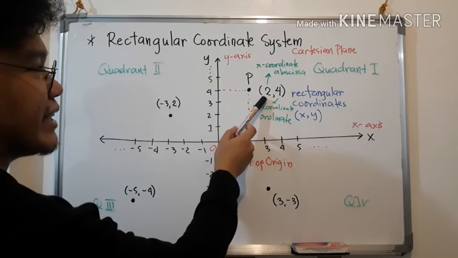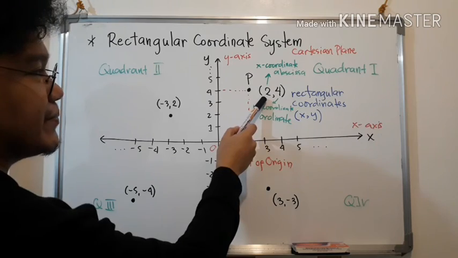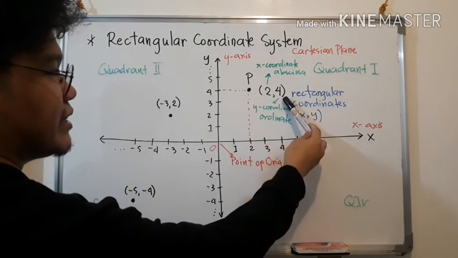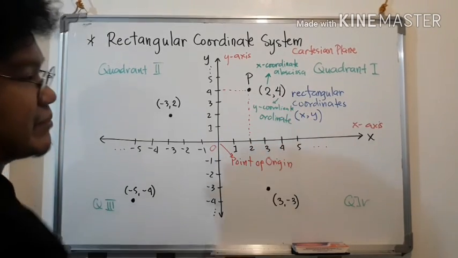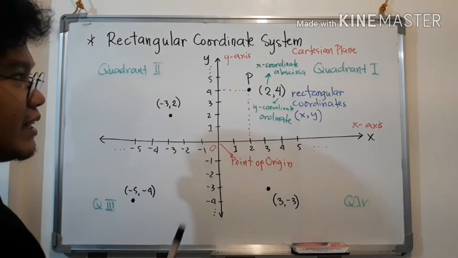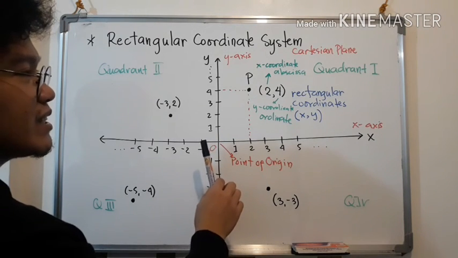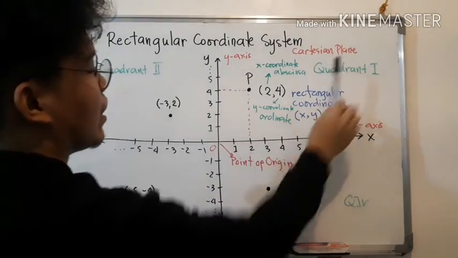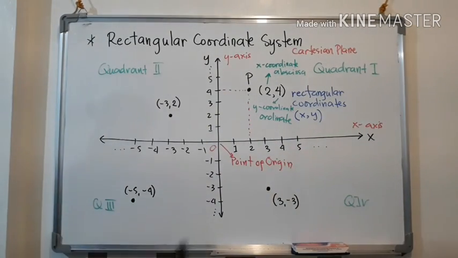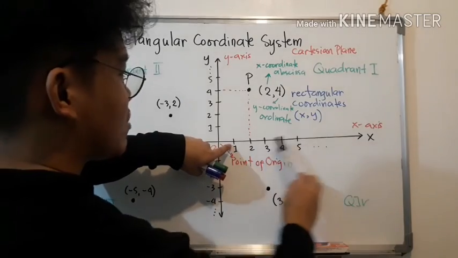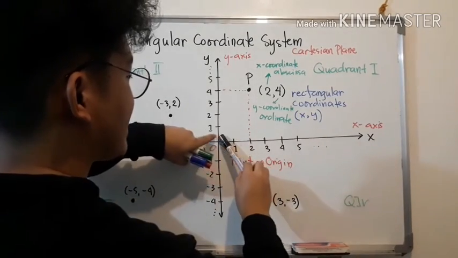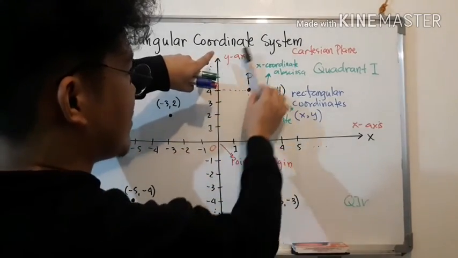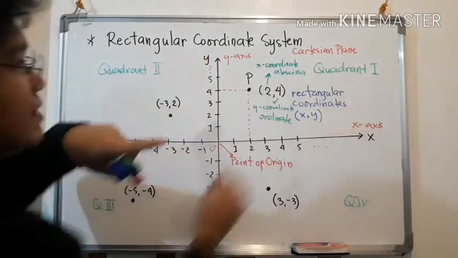The abscissa or the x-coordinate 2 is positive, and the y-coordinate or the ordinate 4 is positive. Therefore, all points with positive coordinates are found in quadrant 1, because our x-axis is positive and our y-axis is positive.